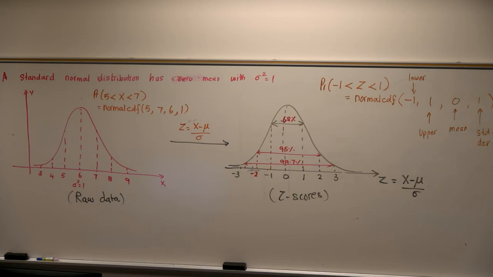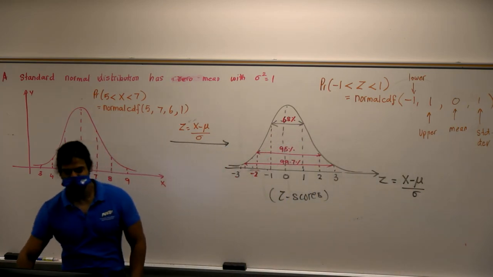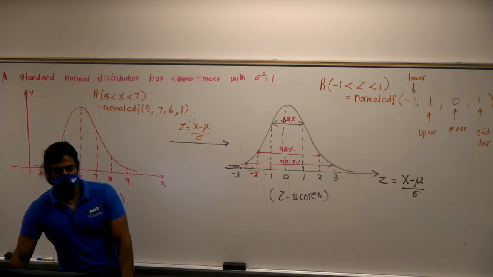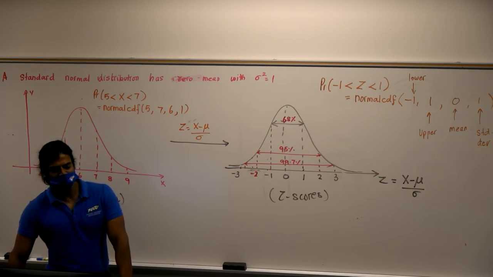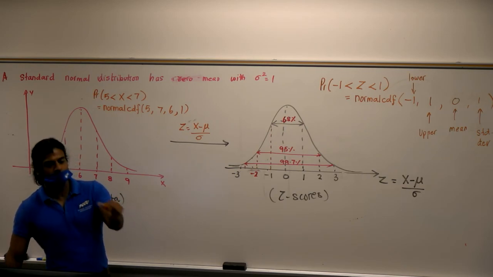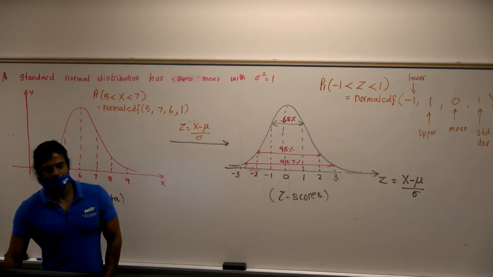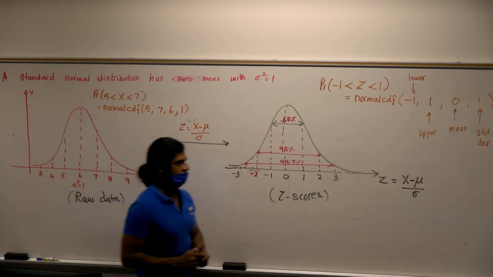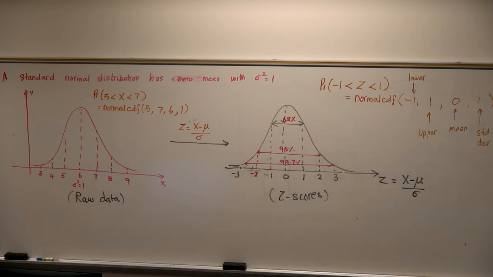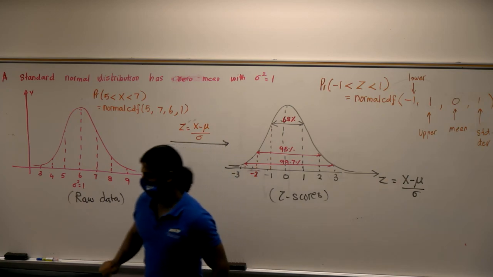Then you have to find the probability below +1. One is right there. And the first column is 0.00, 2 decimals, 1.00. So we have 0.8413. The last one was 0.1587. 0.8413. And we want to find the probability between those two.